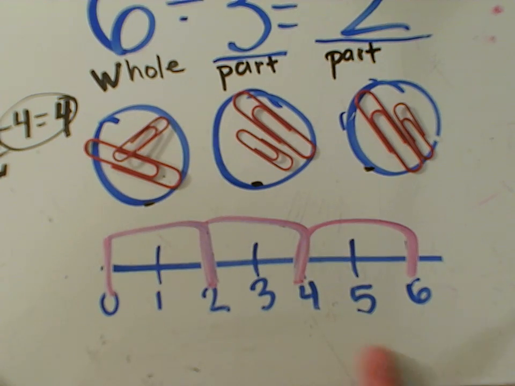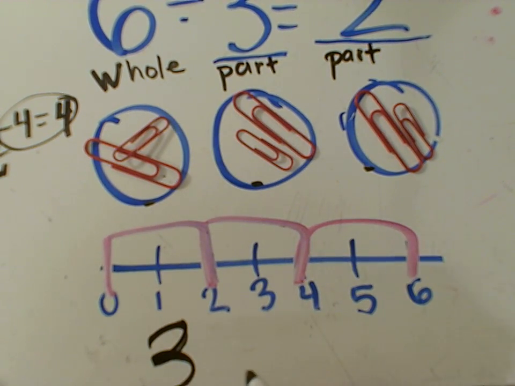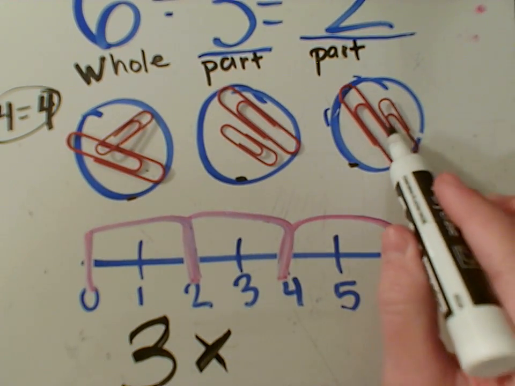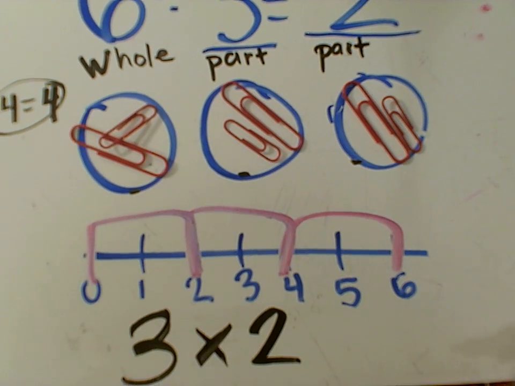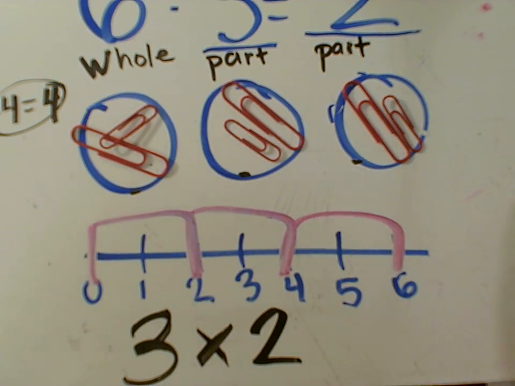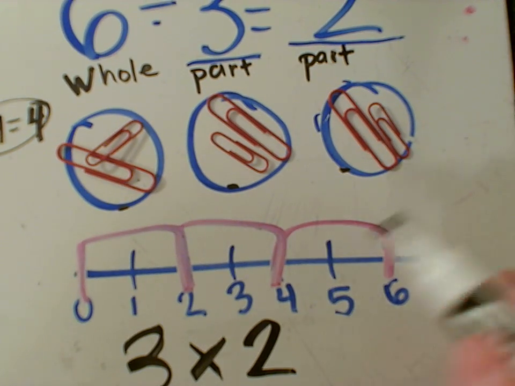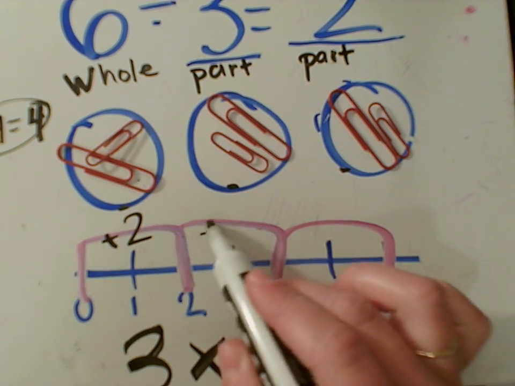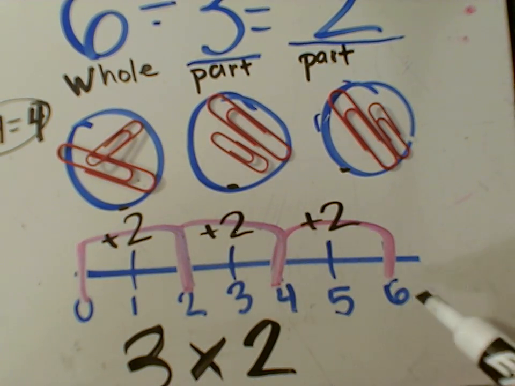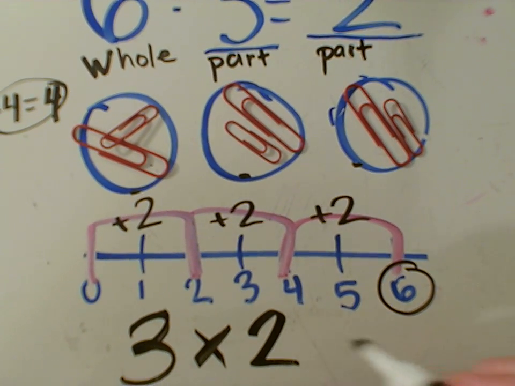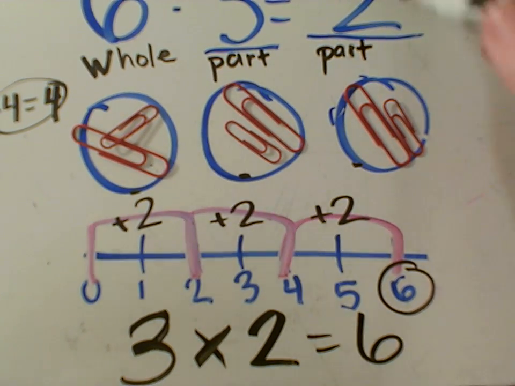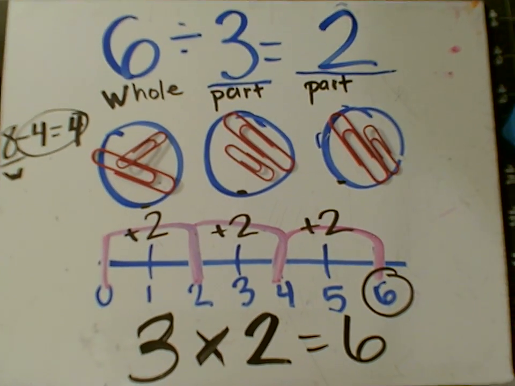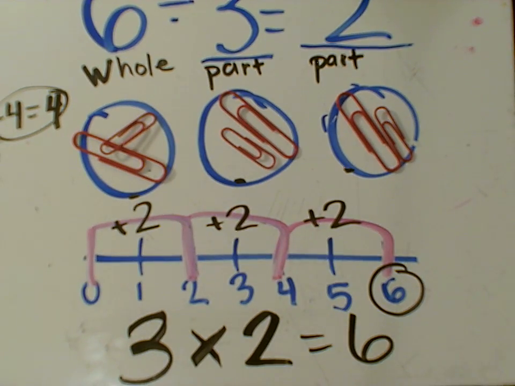So for this specific problem, we can say 3 times, or groups of what? 2. 3 times 2. 3 groups of 2, which is the same thing as saying 2 plus 2 plus 2, and that equals 6. So 3 times 2 is 6. As you can see, there is a relationship between division and multiplication.